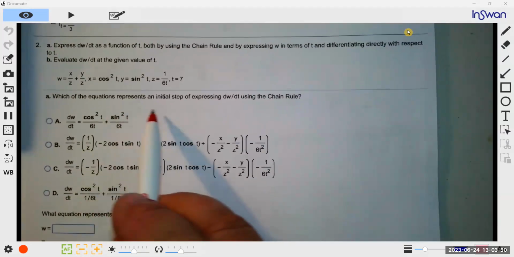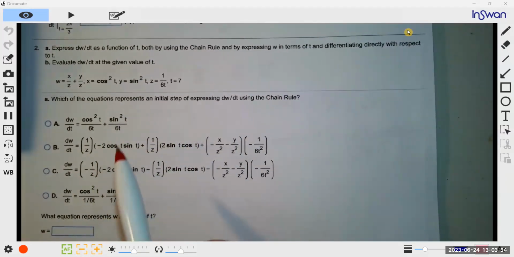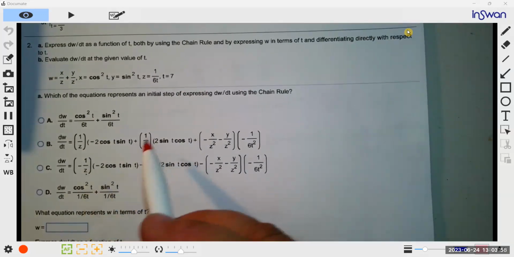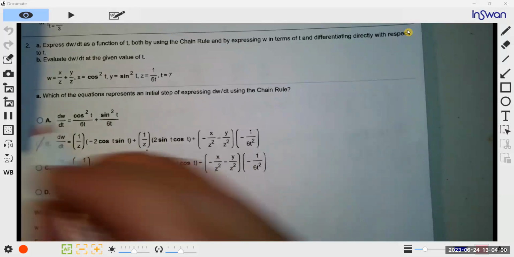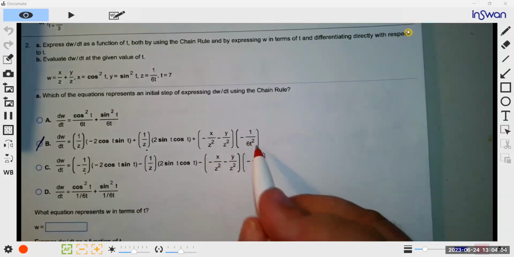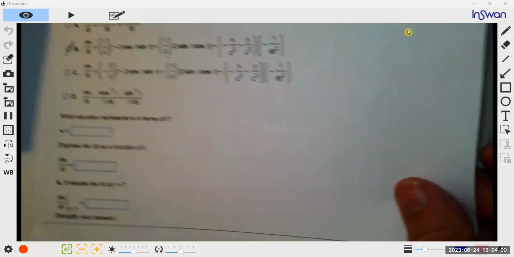Okay, for the first one, which of the equations represents the initial step? So we had 1 over z, not negative, so it's b. Okay, the second step.